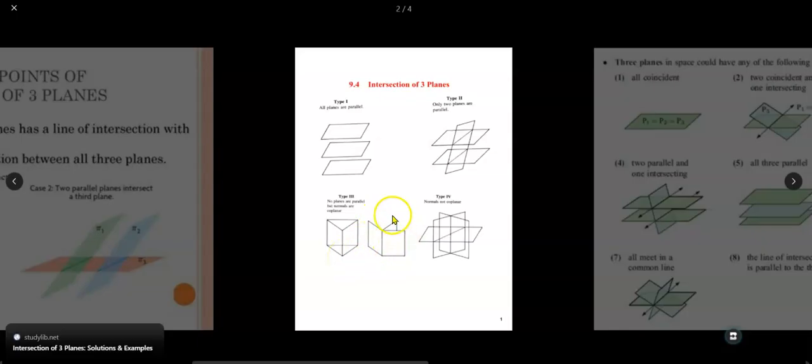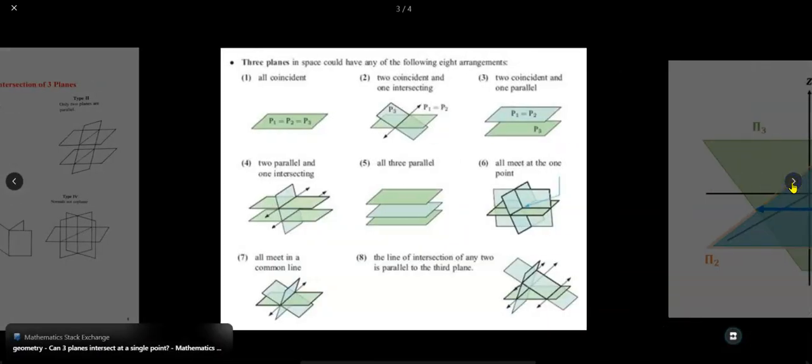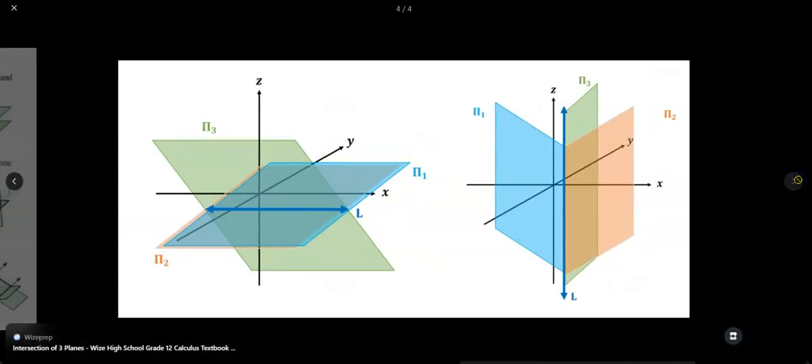Or maybe they cross, but they all come together in a single line. That'll be eventually. This, however, is no solution, so they don't share. They don't all 3 have something in common. Here's another triangle situation. But just all kinds of situations where they don't come together in a single location. So just a couple things to look at.